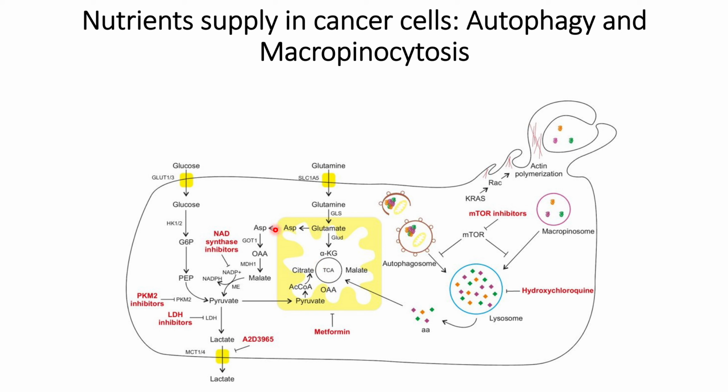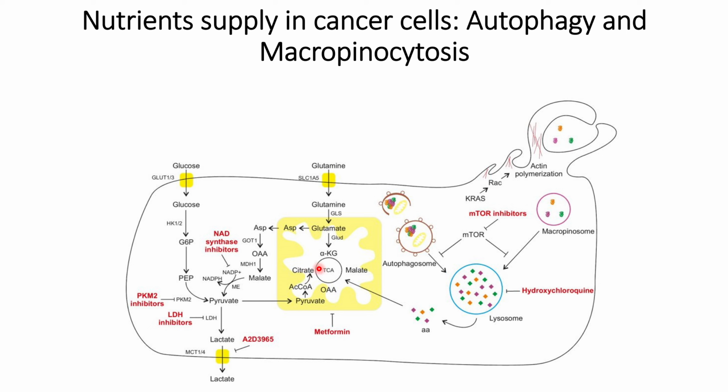in the case of pancreatic cancer, GOT1 is usually expressed, and GLUD is down expressed. Because of this, the glutamate will follow this pathway instead of going to the alpha KG pathway.